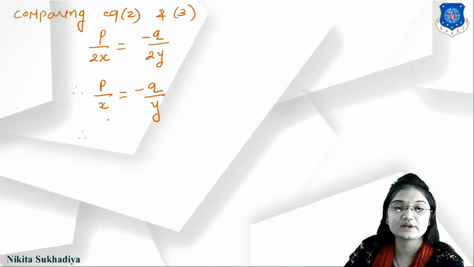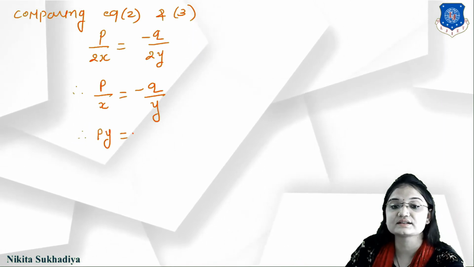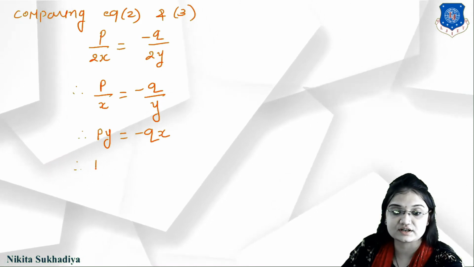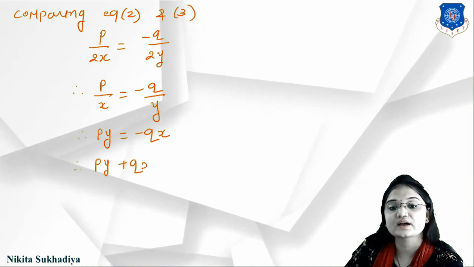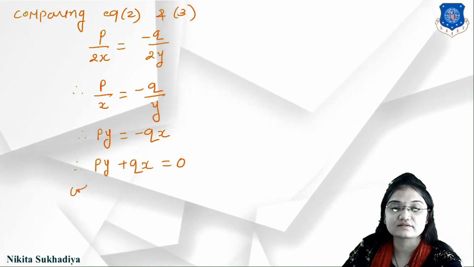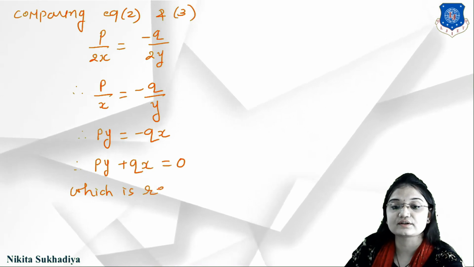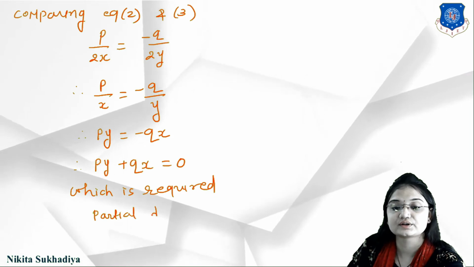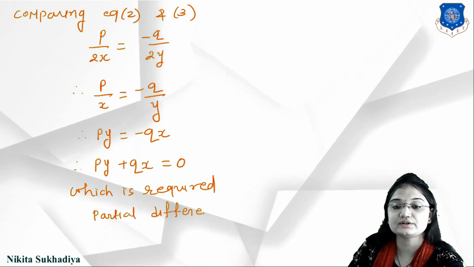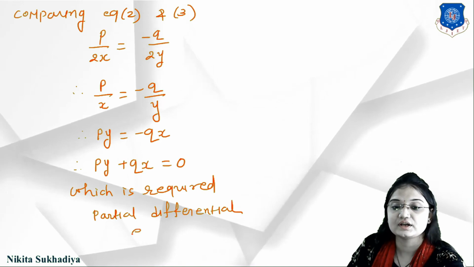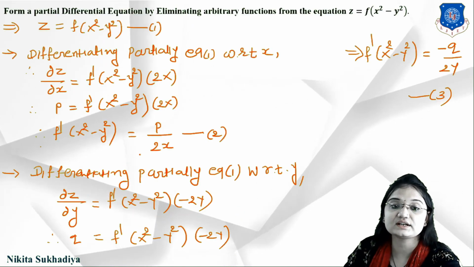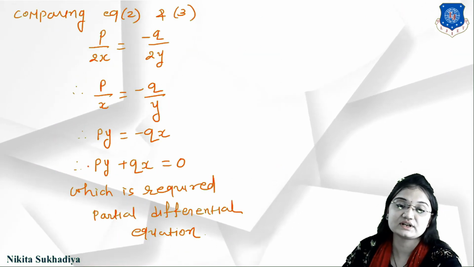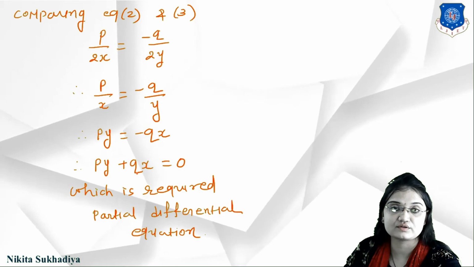And by taking cross multiplication, this will become py is equal to minus qx. So this is our partial differential equation, that is py plus qx is equal to 0, which is the required partial differential equation. Okay, you can clearly see that by eliminating the function f of x square minus y square, we get our partial differential equation easily.